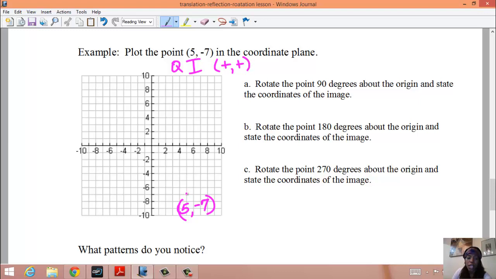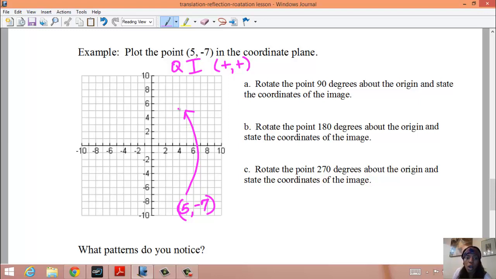So this point here is going to rotate 90 degrees. It's going to end up right in the next quadrant. So you know that it's going to end up in this quadrant, but you're like, okay, where? Well, alright. So let's look at possible coordinates that involve 5s and 7s.